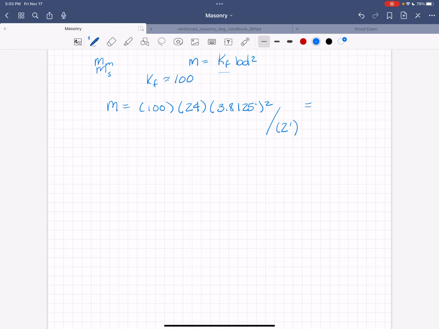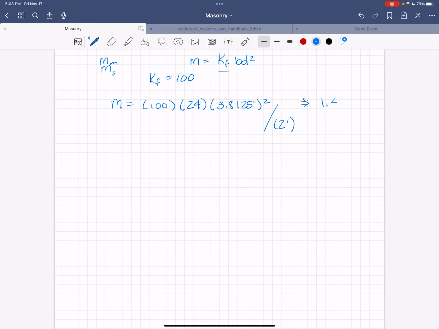If I come through there, I'm going to get the equivalent, and you can divide by your 12s. I will get 1.4 kip-foot. You got to divide by 12 over here again, and you'll get 1.4 kip-foot per foot of wall. Okay, that's the capacity, the moment capacity.